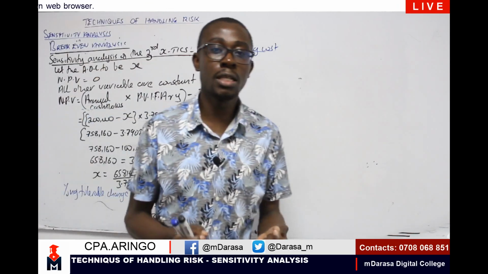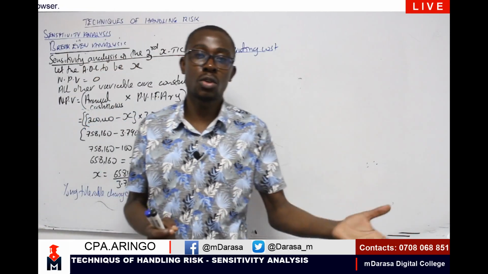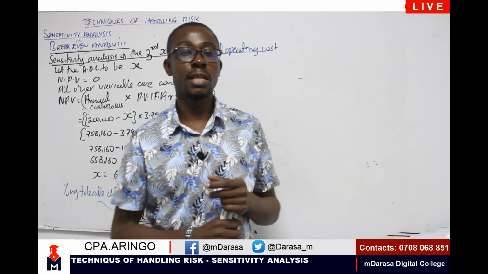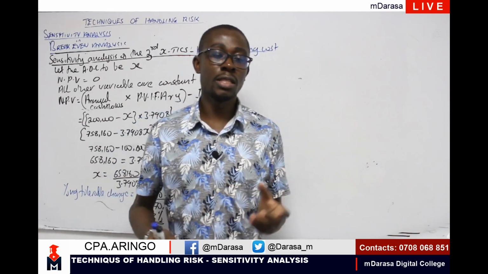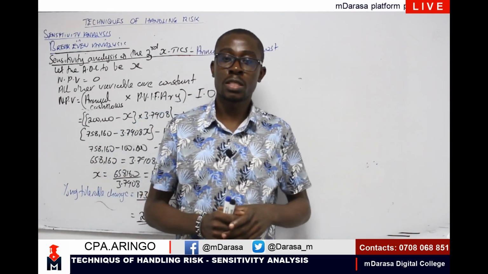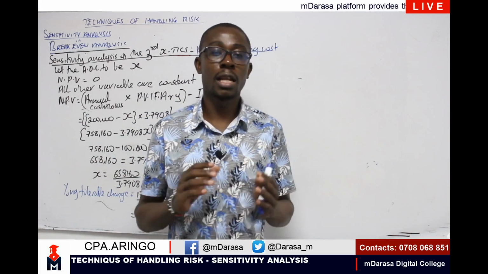Ideally, you'll find that it is almost the same concept that we did at our basic level of financial management. So in this case, we'll be working out the concept to do with sensitivity analysis.